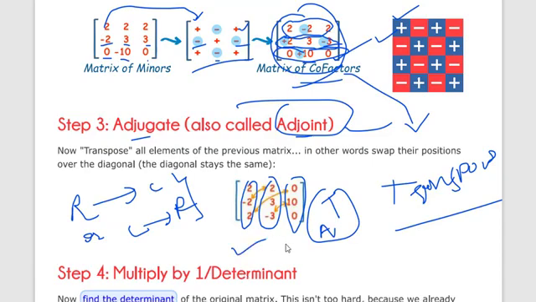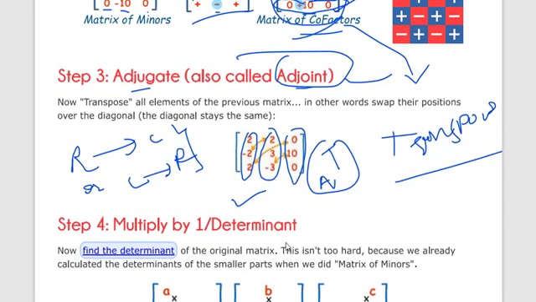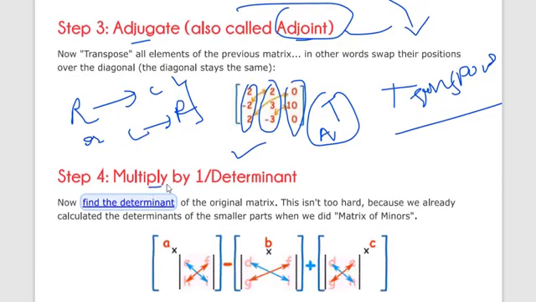Okay, all three steps are concluded. Now simply multiply by 1 upon determinant. This matrix we have to multiply by 1 upon determinant, but first of all we have to find the determinant of the matrix.